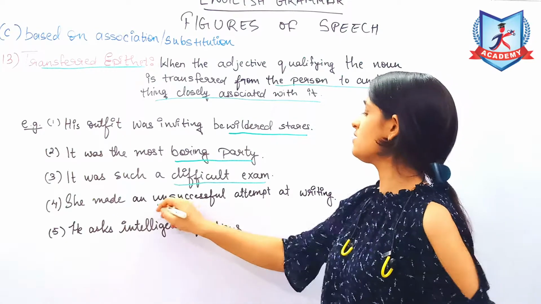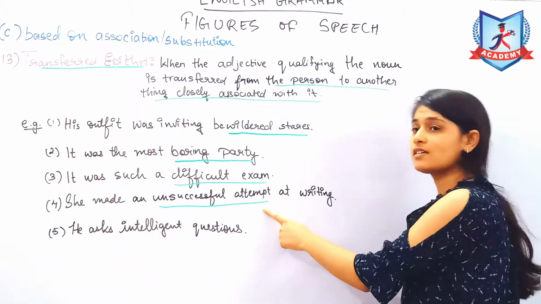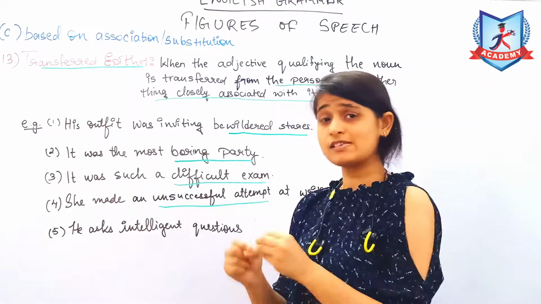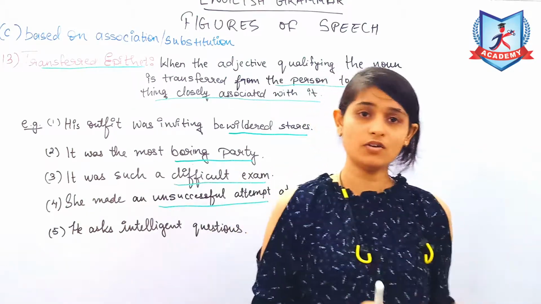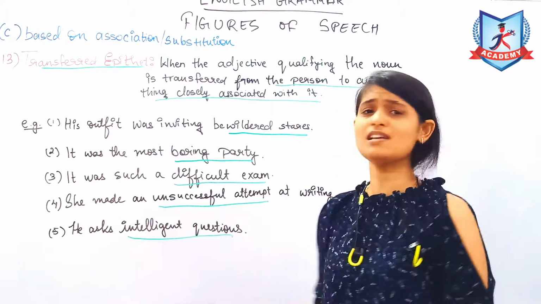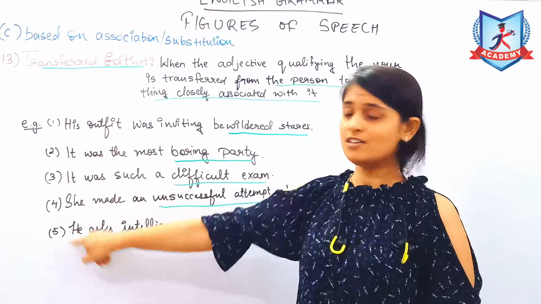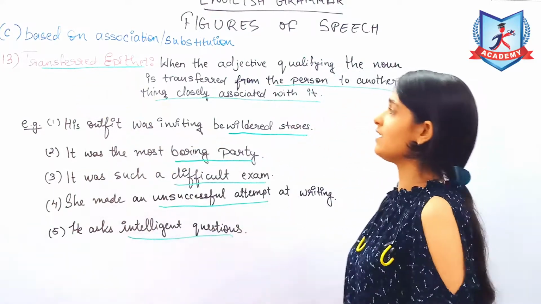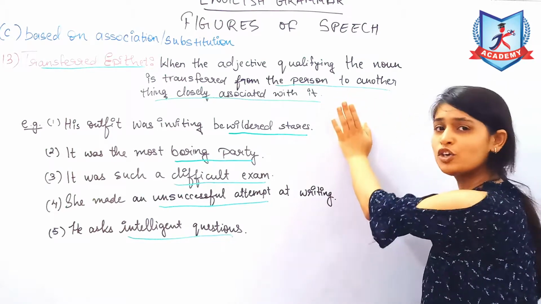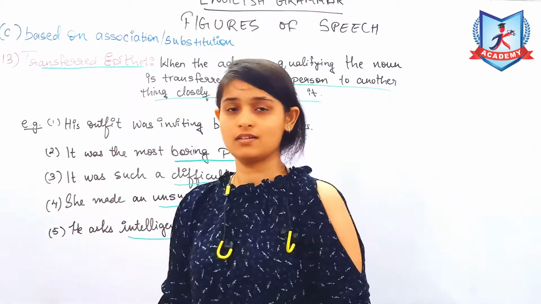She made an unsuccessful attempt at writing. The attempt was not unsuccessful, but she was unsuccessful. The adjective is transferred from the person to an object. And the last one, he asked intelligent questions. Questions are not intelligent. The student who is asking is intelligent. So that is transferred epithet. The adjective is transferred from the person to another object which is closely associated with it.